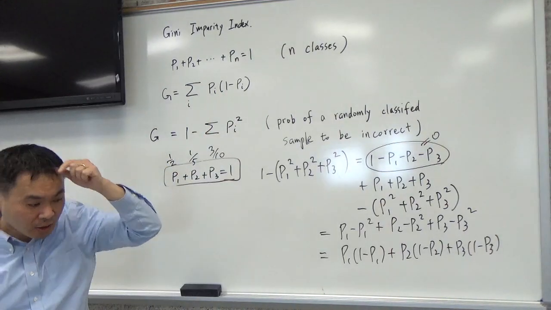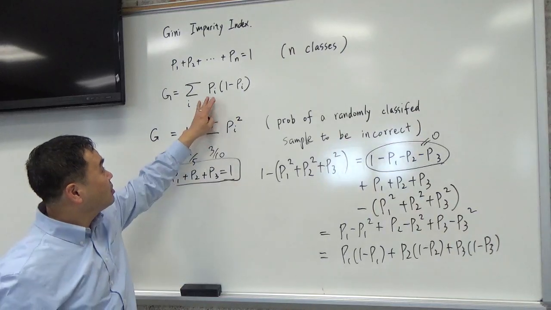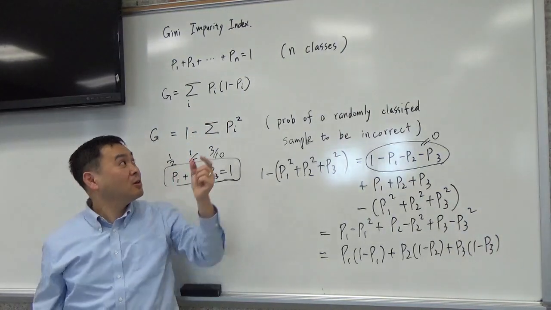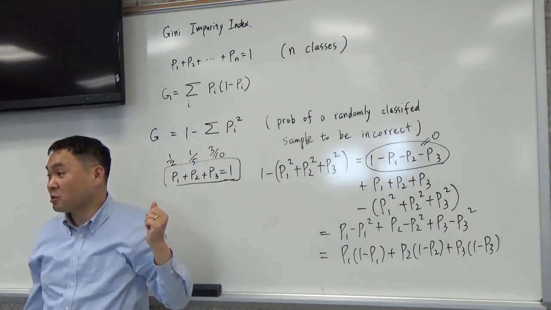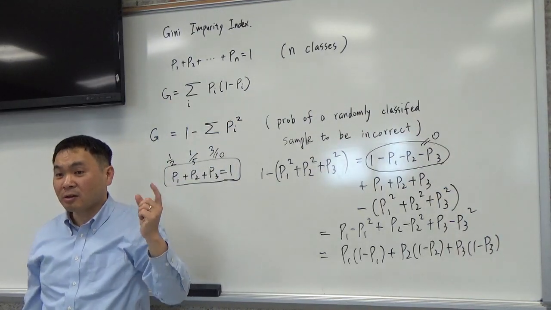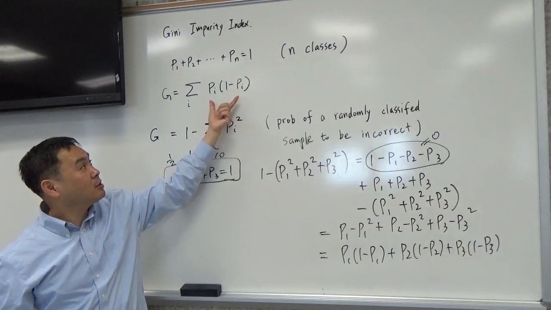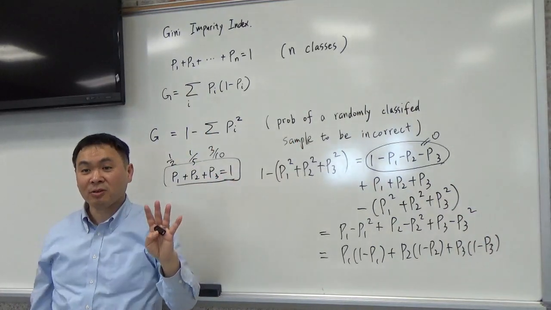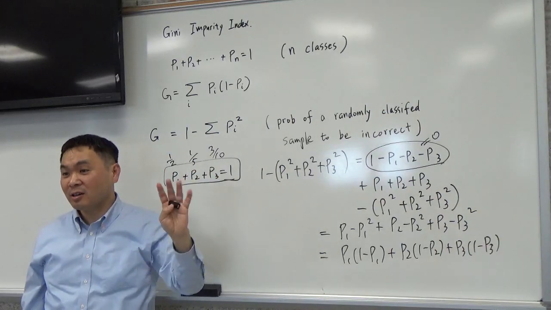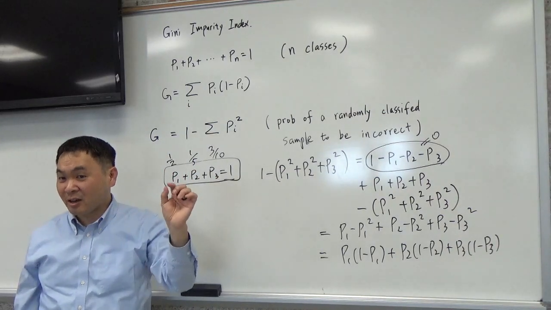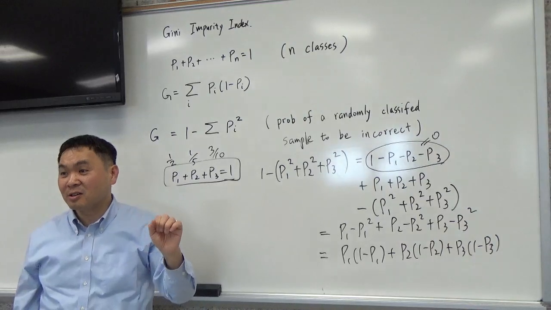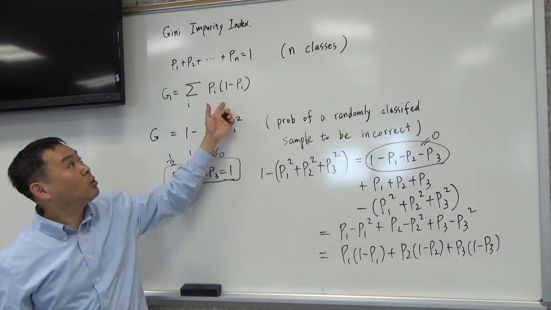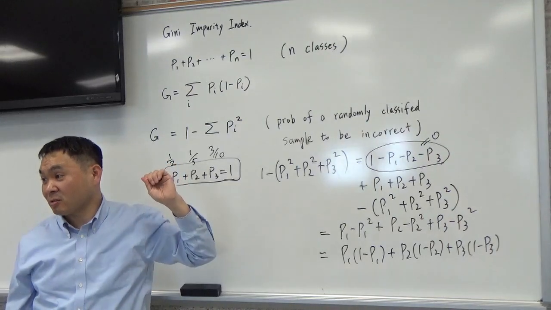So you can see that if you have probabilities that are very small, then the Gini impurity index will be small, right? In other words, if your classes have one majority and a few others that are not the majority, then you have a lower impurity index. Okay?